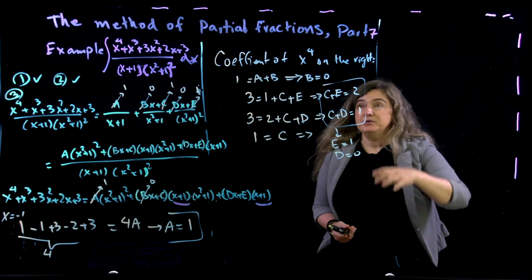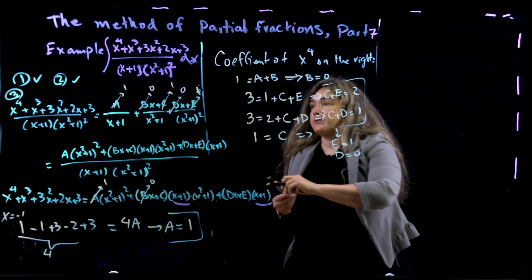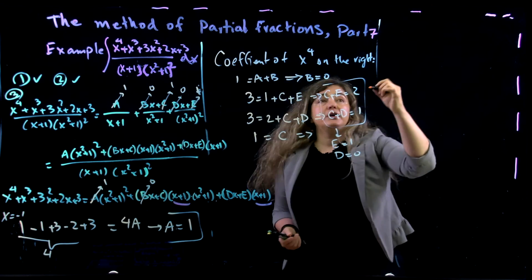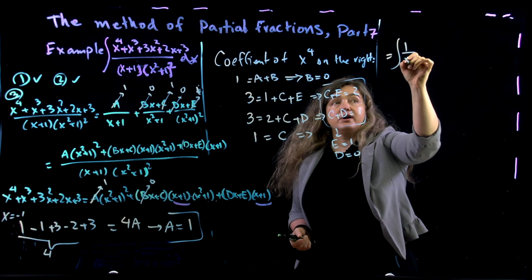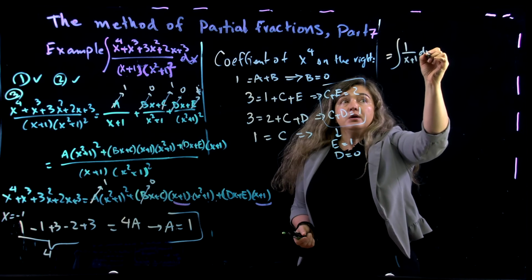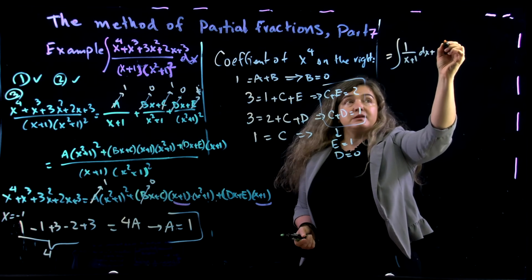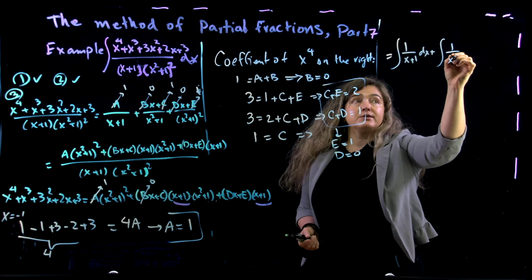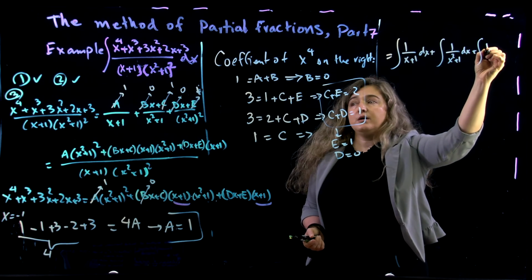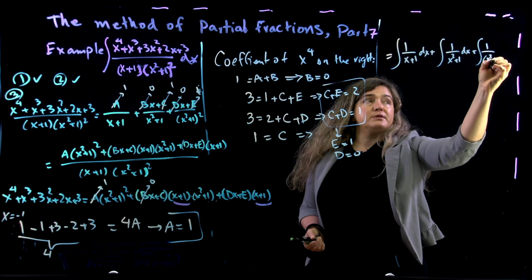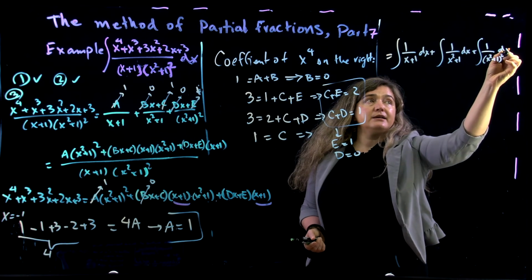Okay, back to taking the antiderivative. In here, the antiderivative is going to be equal to the integral of 1 over x, plus the integral of 1 over x plus 1, plus the integral of 1 over x squared plus 1 dx, plus the integral of 1 over x squared plus 1 to the power 2 dx.